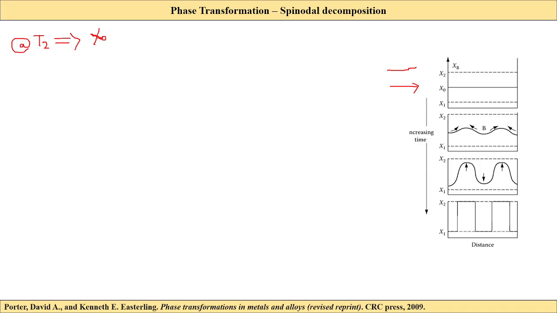Now, if they diffuse and dissociate into alpha 1 and alpha 2, and say alpha 1 and alpha 2 have the same crystal structure, that will be the more possible way, because the atoms do not have to arrange themselves as much as in different phases, which requires nucleation and other processes.